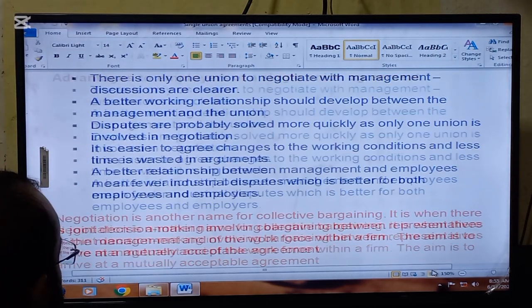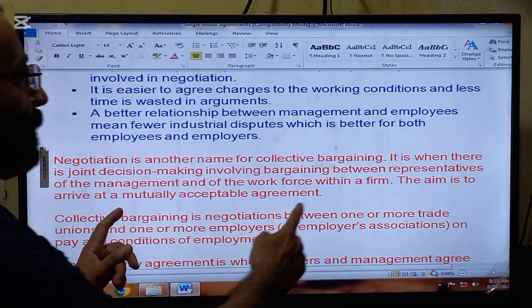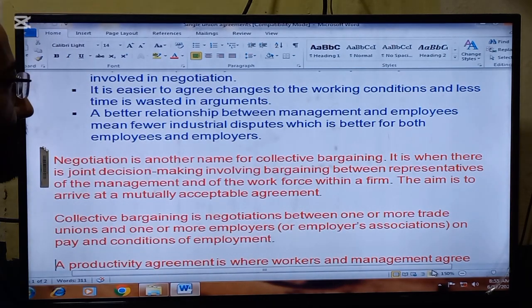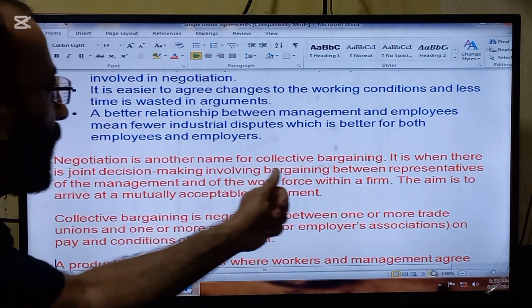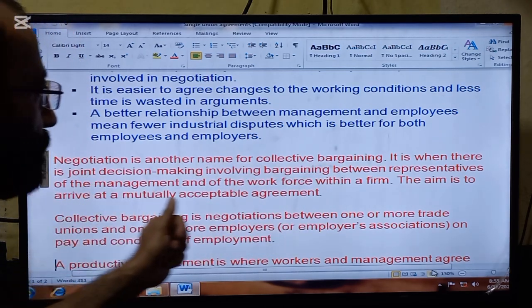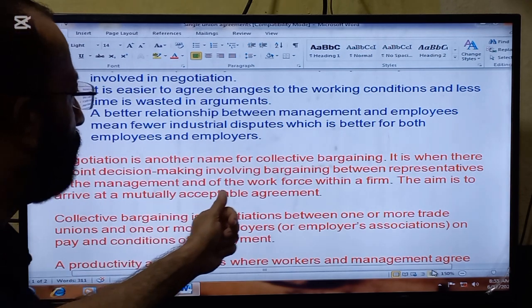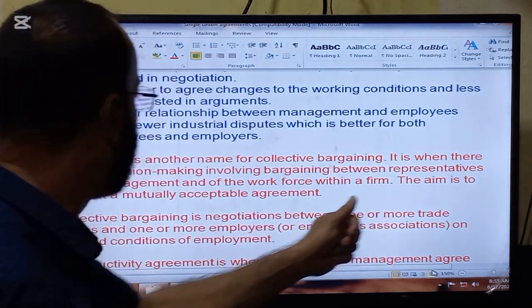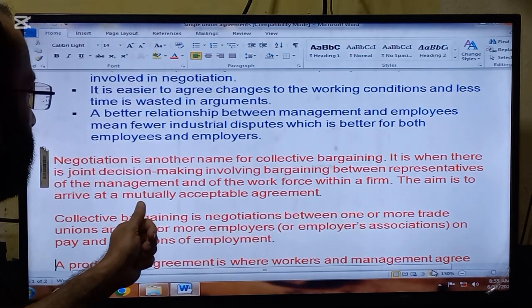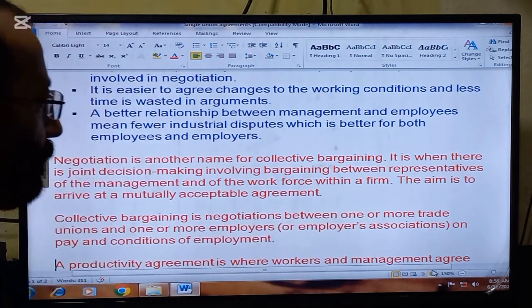Next, negotiation is another name for collective bargaining. So collective bargaining has another name, that is called negotiation. It is when there is joint decision making involving bargaining between representatives of the management and of the workforce within the firm.